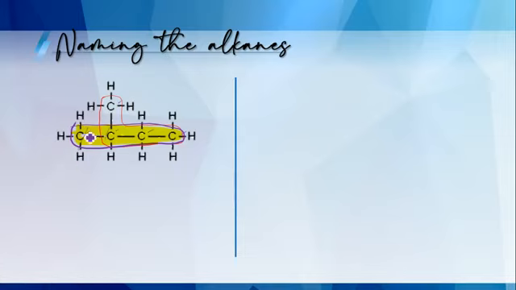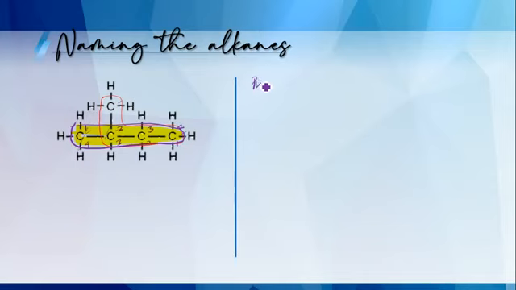Let's move to step number 2: number the carbon chain. 1, 2, 3, 4. Then step number 3, we can name our carbon chain.